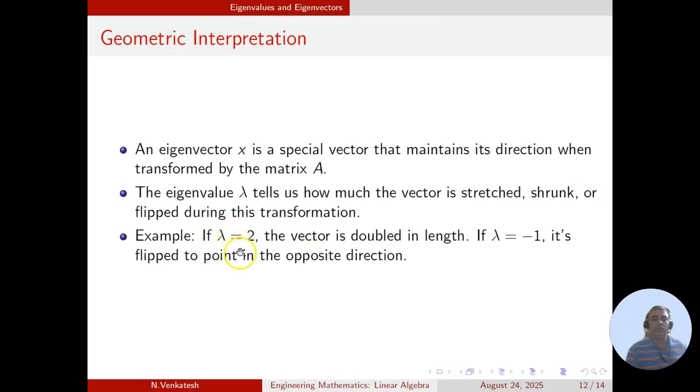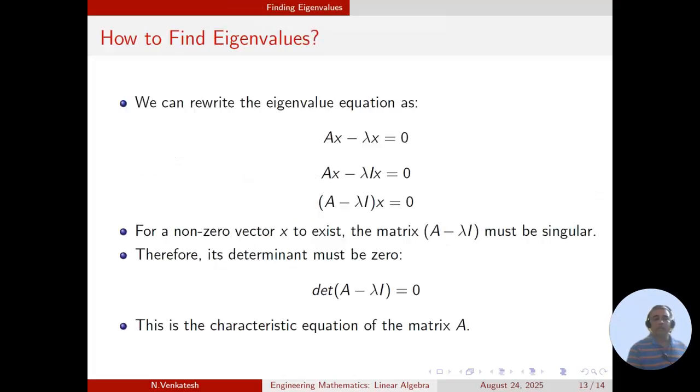Something like when lambda equal to 2, when you do a transformation with A x, you get 2 times x. That means the vector's length is doubled, but there is no change in the direction. When lambda equal to minus 1, it's flipped to point in the opposite direction. So that is the significance of this eigenvalue and eigenvector.